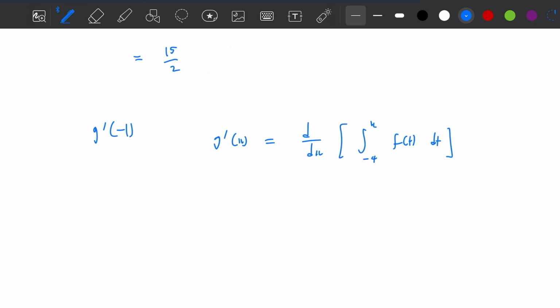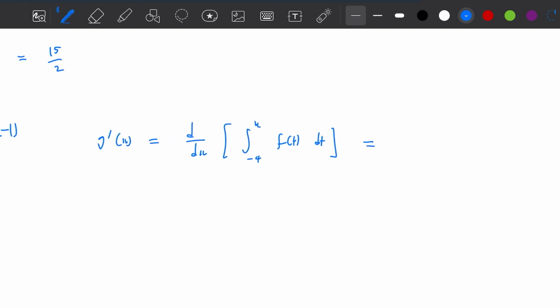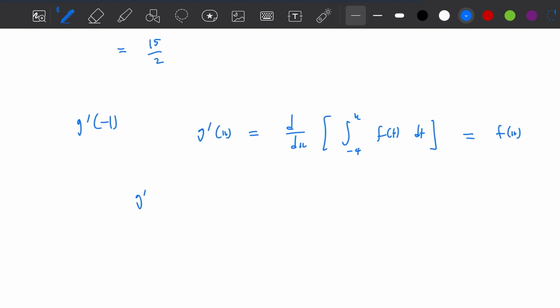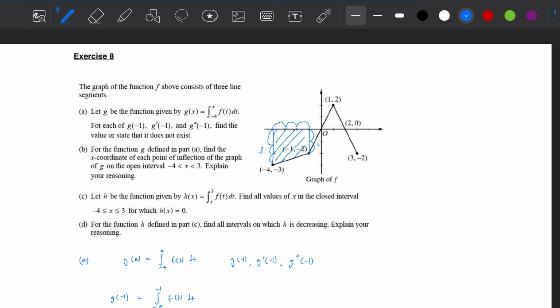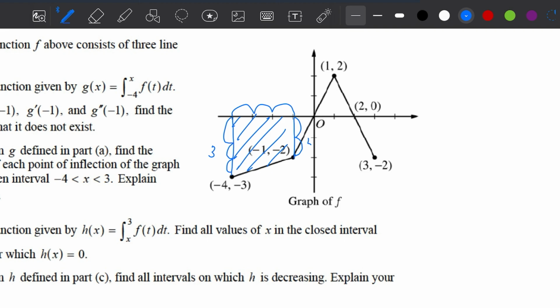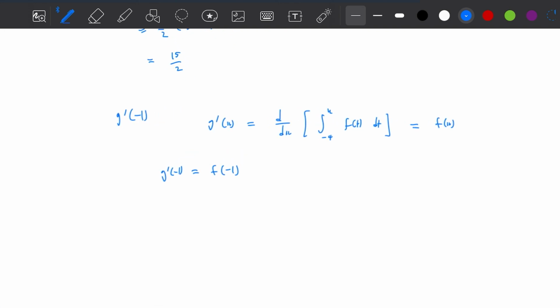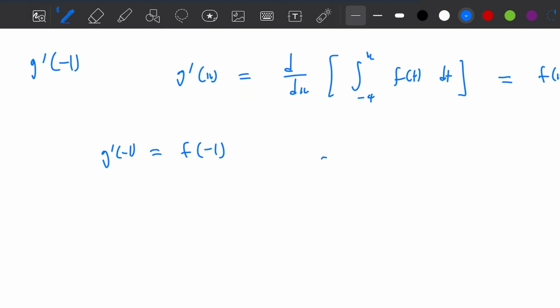To put it in simple terms, that just means that that is f(x). So to find g'(-1), that would just mean that g'(-1) equals f(-1). Since we're provided with the graph of f, we can see that at x equals -1, g'(-1) equals -2, since we just look at the y value. Therefore, it's simple that g'(-1) equals -2.